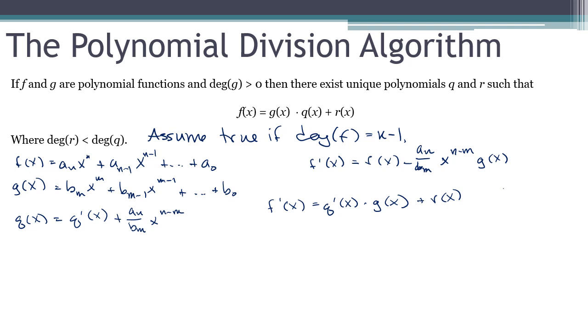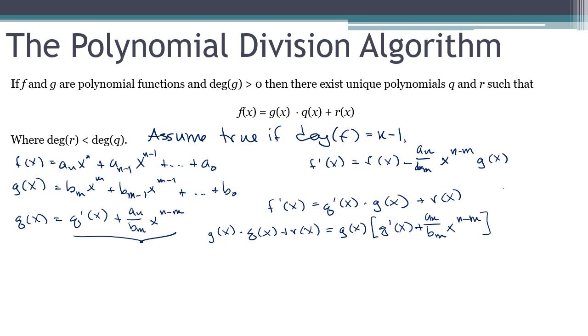Let's take a look at g of x times q of x plus r of x. I want you to think about what this equals. All I'm going to do is take my definition here and substitute that in for q. So this becomes g of x times q prime plus a sub n over b sub m x to the n minus m plus r.